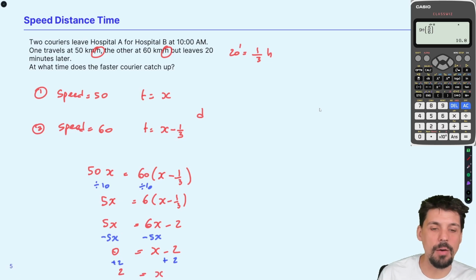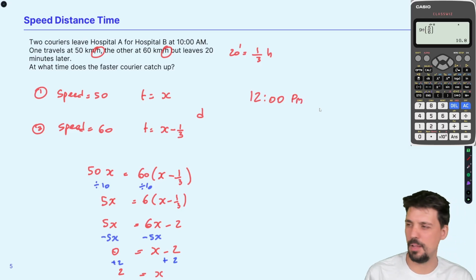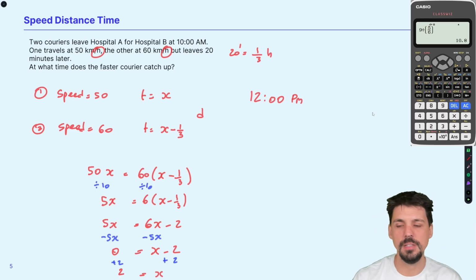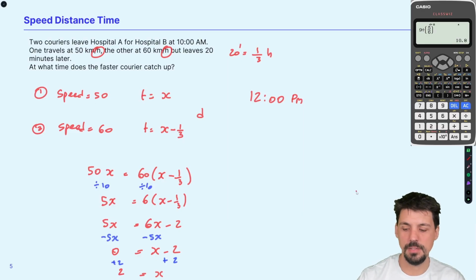Now this is in hours, so after 2 hours they will have caught up. So what time will it be, right? What time will it be? It will be 12 o'clock. PM? I want to say PM. 12 a.m. is midnight. And that is speed, distance, and time.